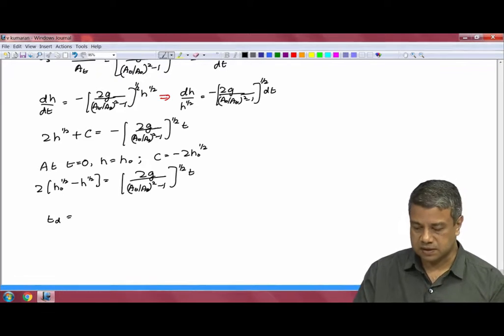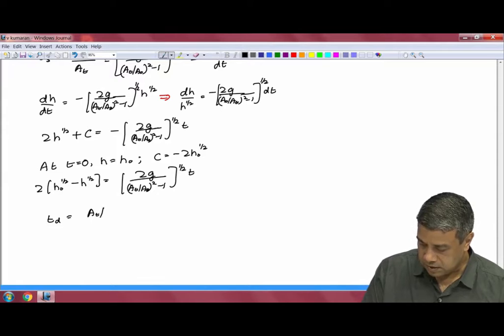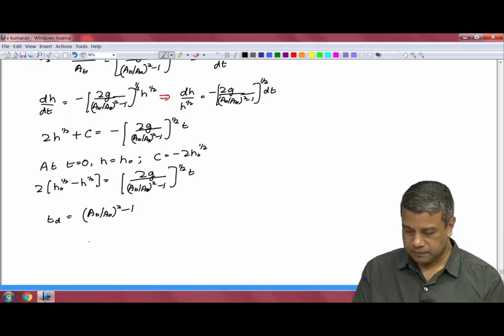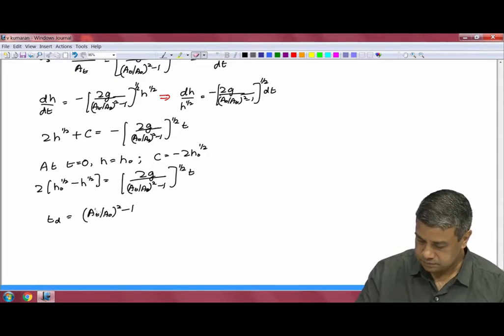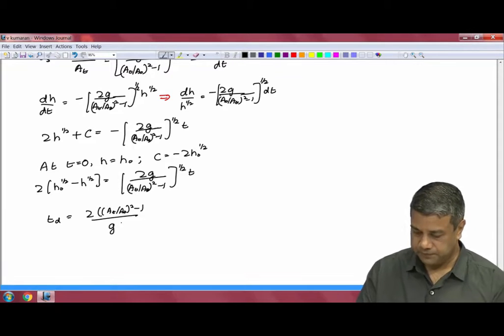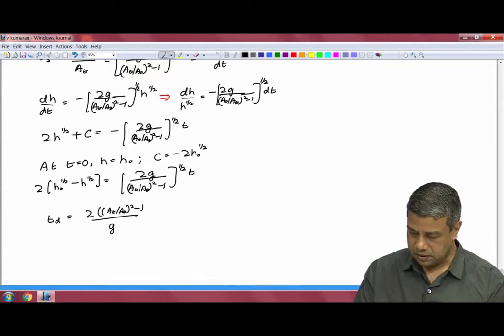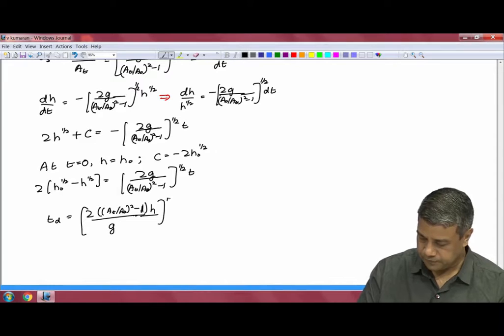It is going to be equal to the square root of ((At by A0) the whole square minus 1) divided by g, and I have a factor of h naught here.